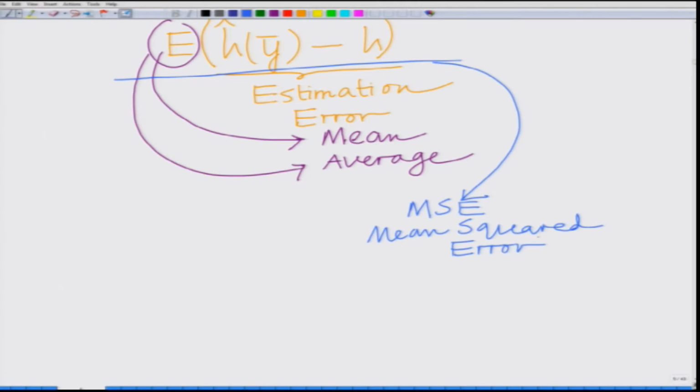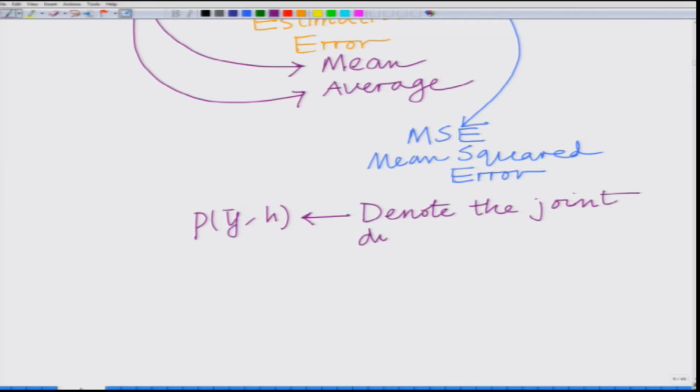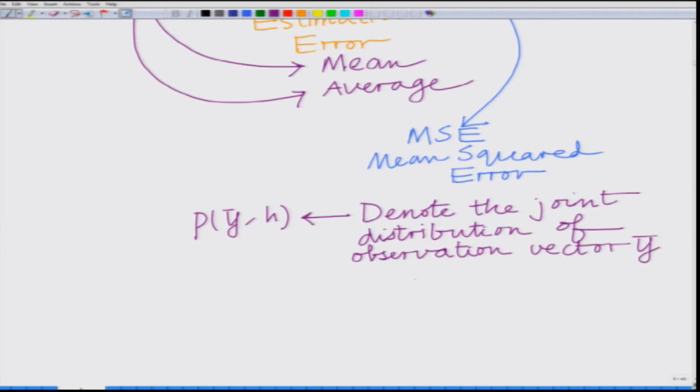So, now let P(y bar, h) denote the joint distribution of the observation vector y bar and your parameter h.